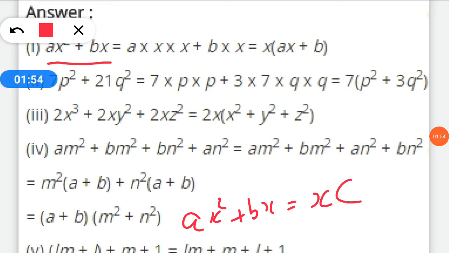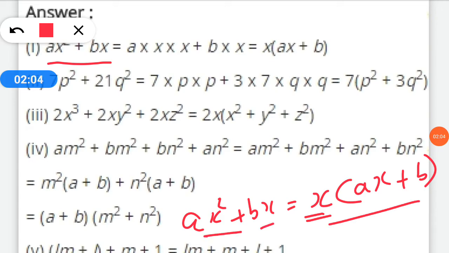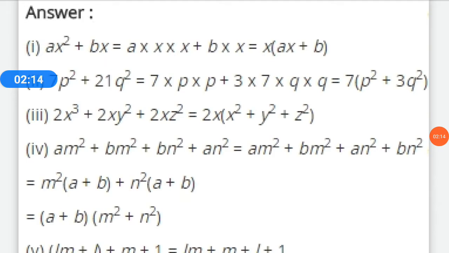Of course we can take it as common. So what is left over here? ax plus b. When we take x as common from these two terms, we get x into ax plus b, which is the required answer. Clear?